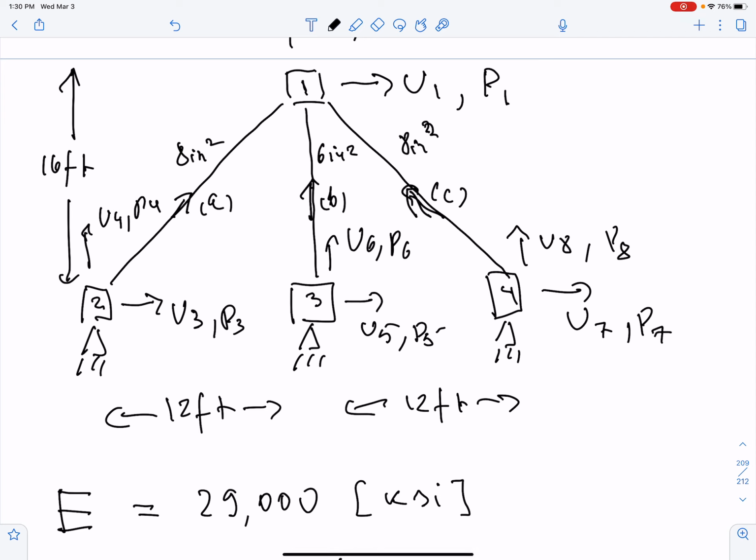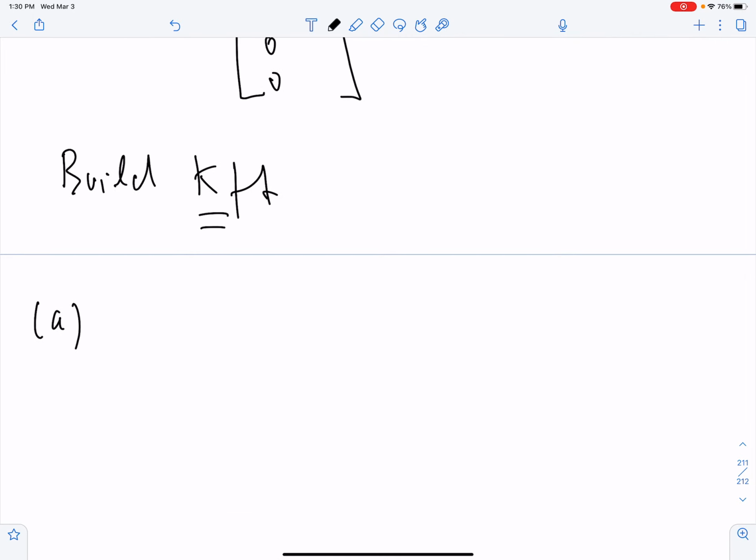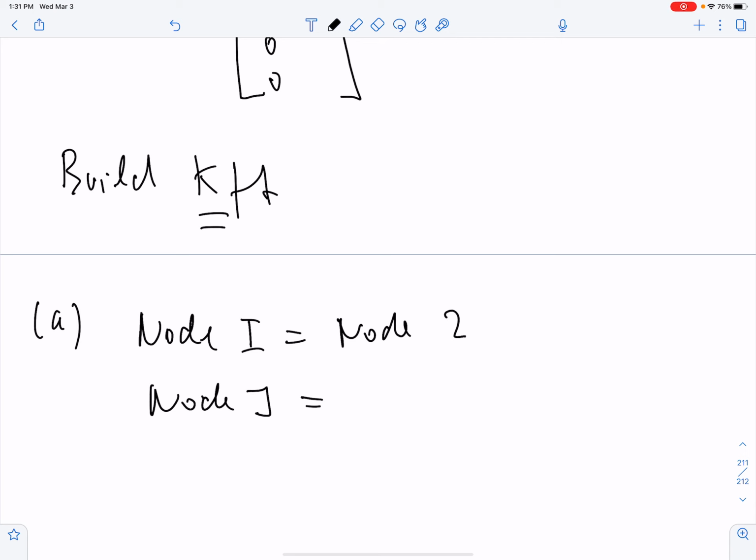So if we look at the element orientation, node I is node 2 and node J is node 1, the beginning and end.